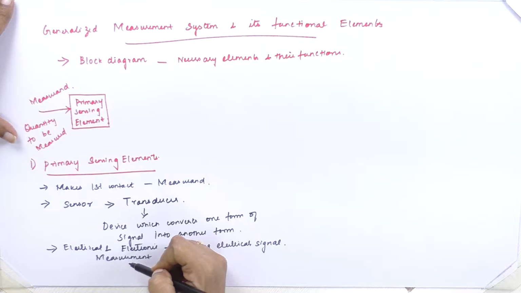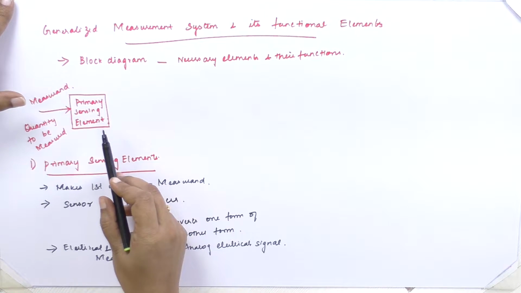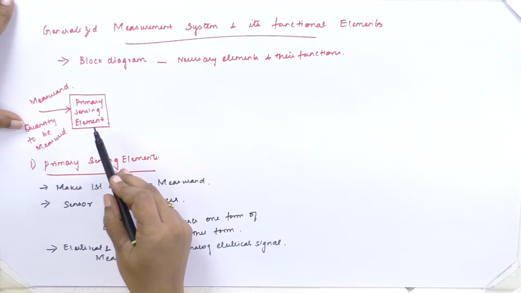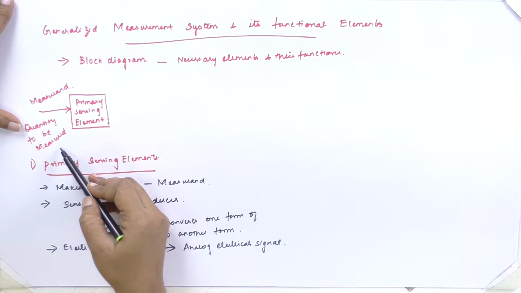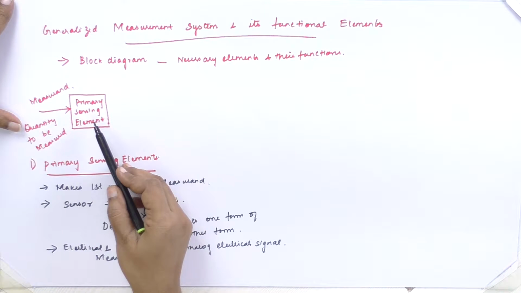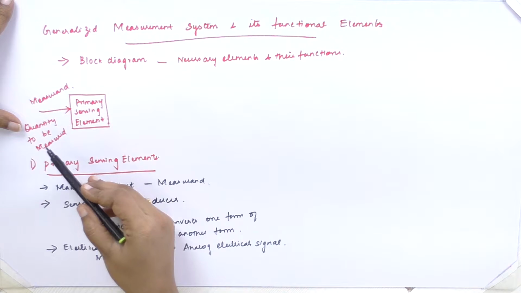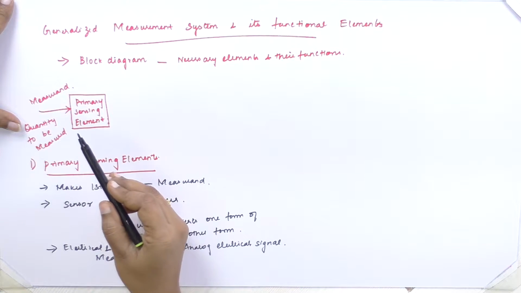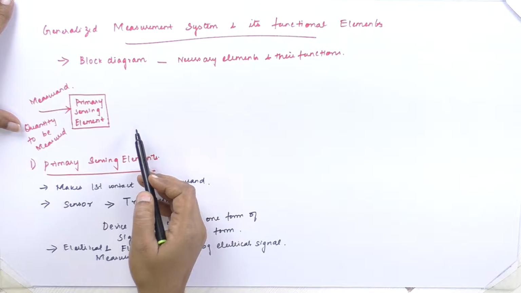So, the first stage of the measuring instrument is the primary sensing element, which makes the first contact with the quantity to be measured. This primary sensing element will have a sensor which is used to sense the quantity which is to be measured. Following the sensor, there will be a transducer which converts the physical quantity to be measured into another form. In case of electrical and electronic measurement, it will be a transducer which converts the physical quantity into an electrical signal.